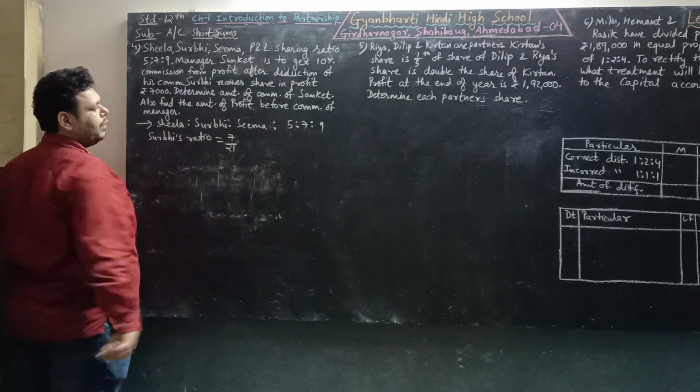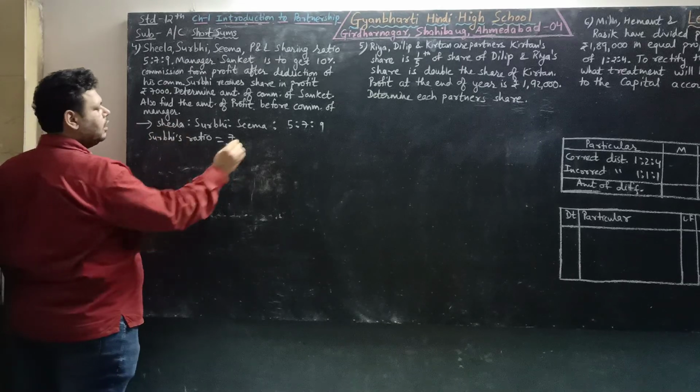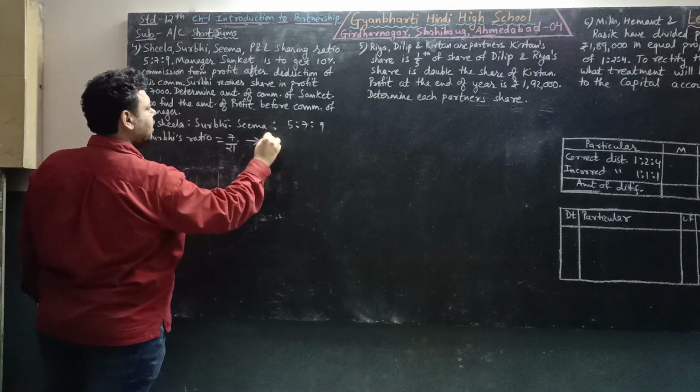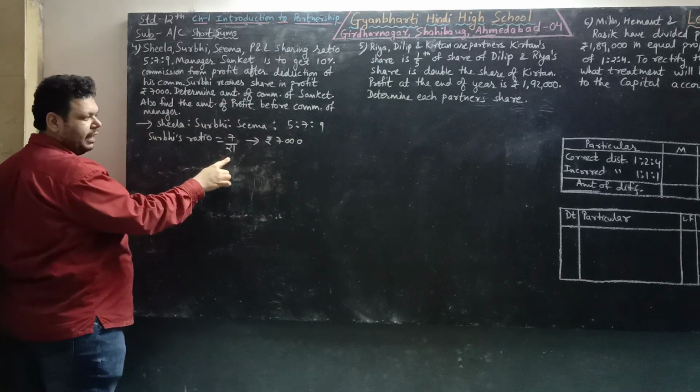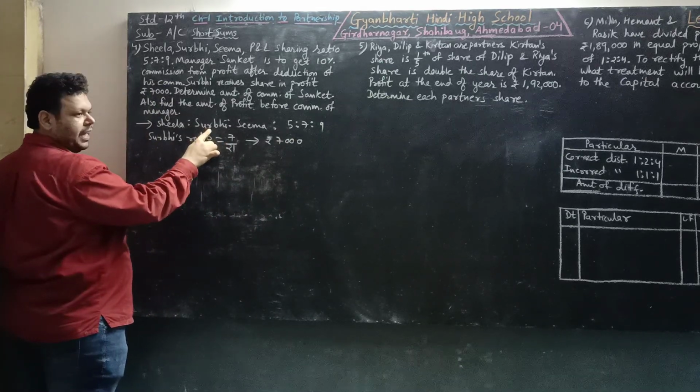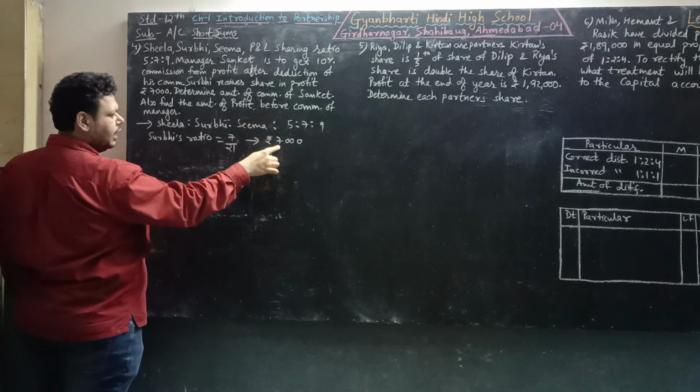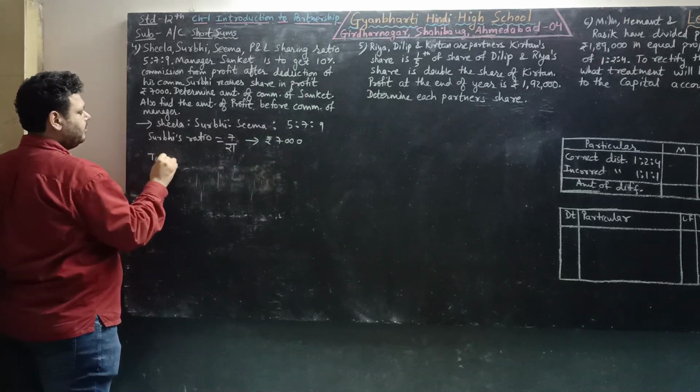So 7 upon 21 is her part. So she is receiving rupees 7,000.